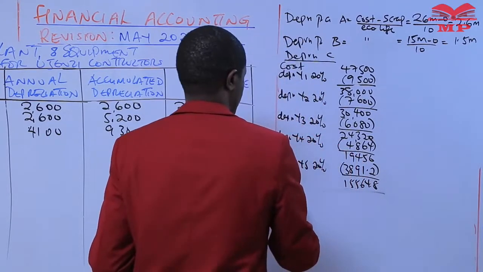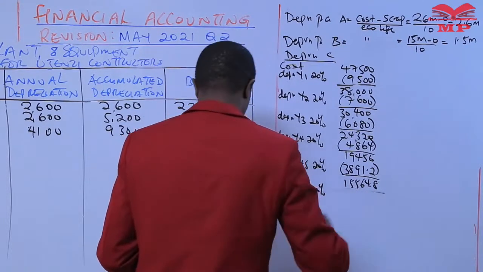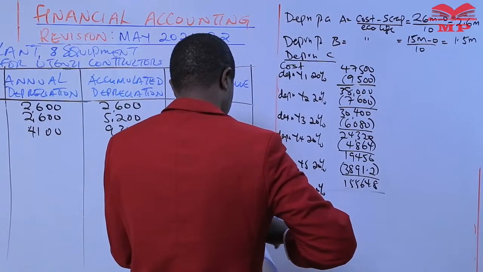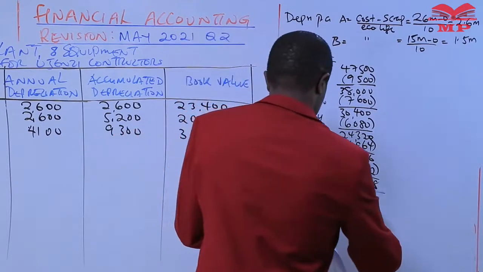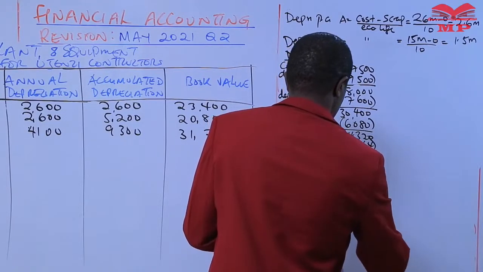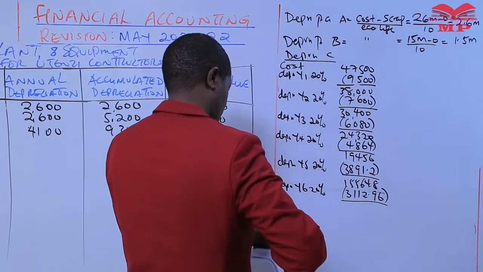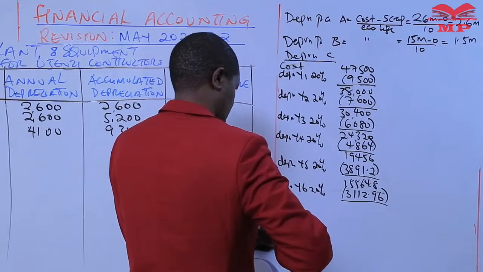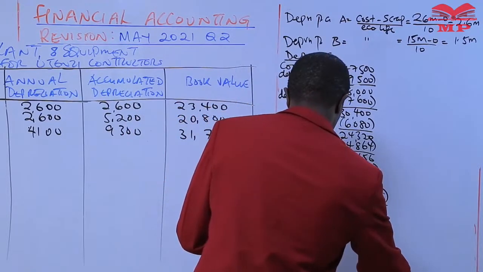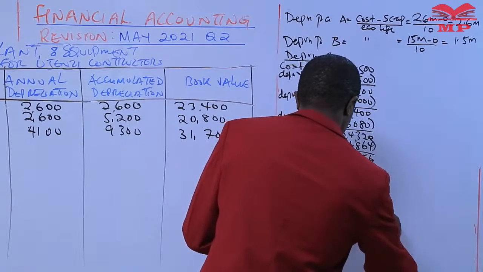Then depreciation year 6, 20% of that amount, 15,564.8, is 3,112.96. Deduct, and it's 12,451.84.